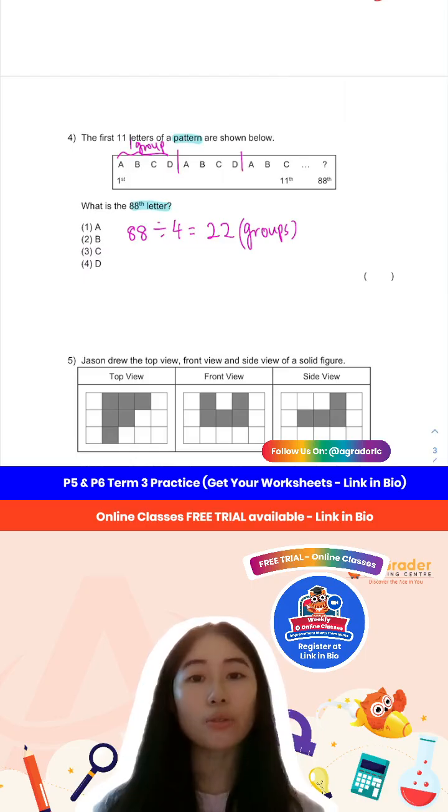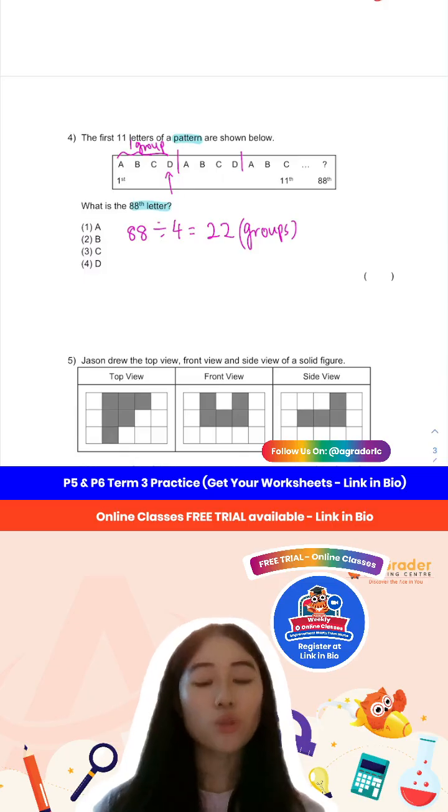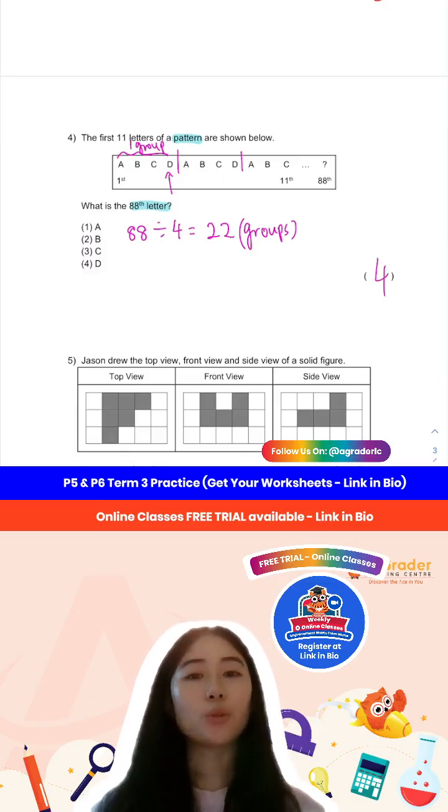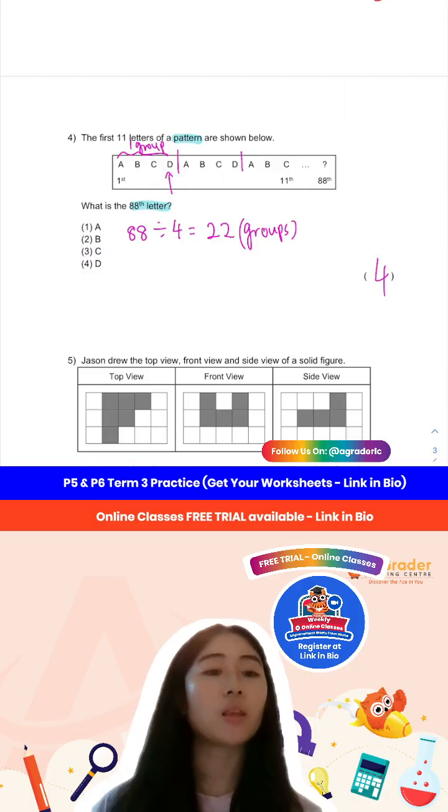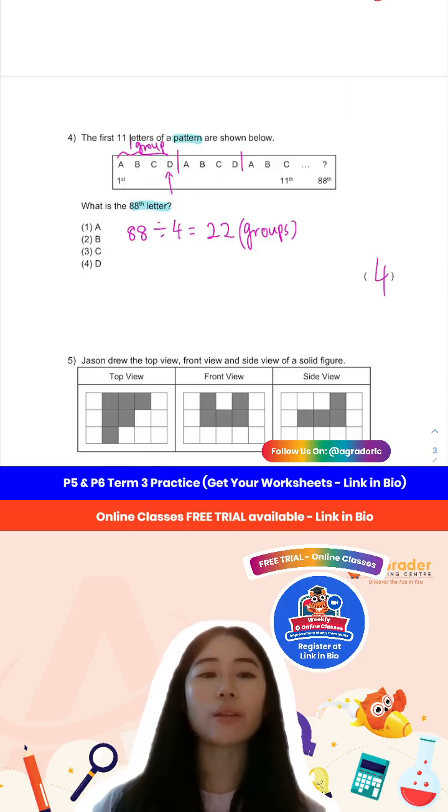So the last alphabet in the group is actually D, isn't it? So D is your answer. If you don't have a remainder, that means that it is the last alphabet in the pattern. But most of the time, this type of question, usually there will be a remainder. So take note of that. Yes, Octopus, it is exactly 22.